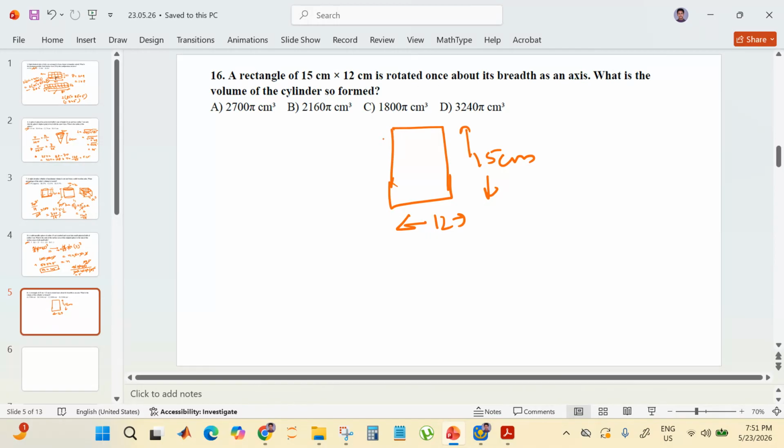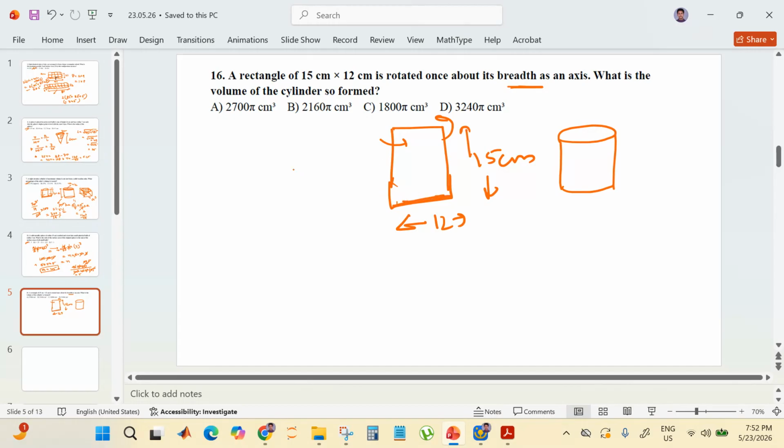See, suppose it is rotated, then what happened? It will look like this one. So one cylinder will form, but it rotated about its breadth. Breadth means what? The smaller one. That means it rotates about this axis.